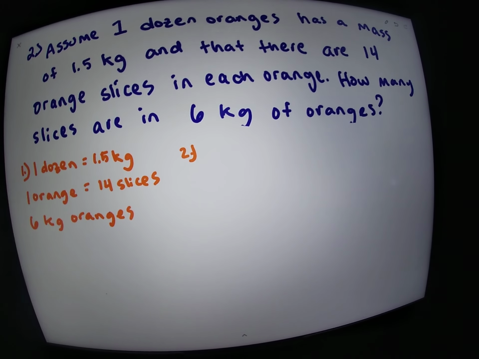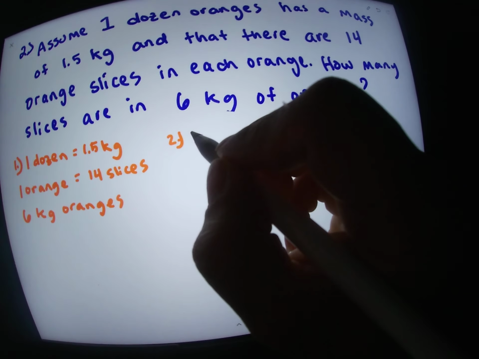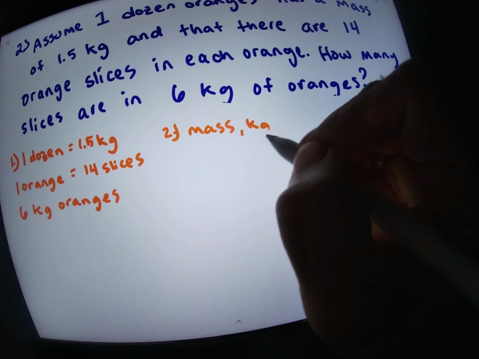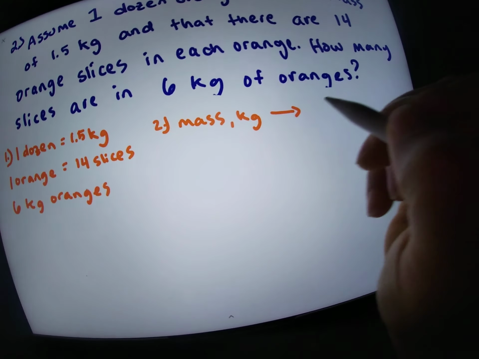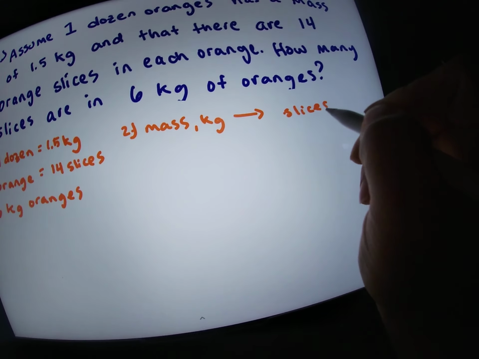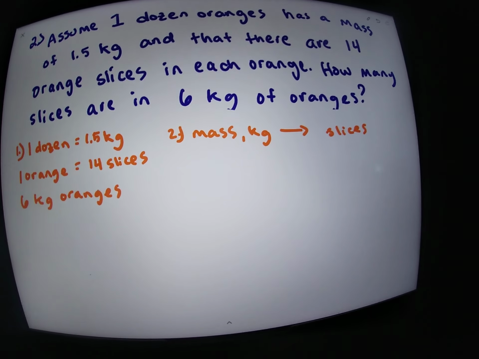How many slices are in 6 kilograms of oranges? We want to go from mass, in this case kilograms, to slices. So slices is what we want as an end result.